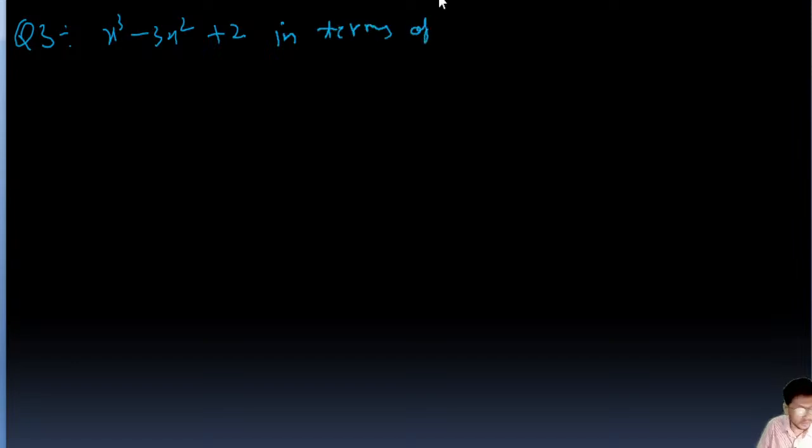Next, the third question. The polynomial is given as x³ − 3x² + 2, and you need to write it in terms of Legendre polynomials.